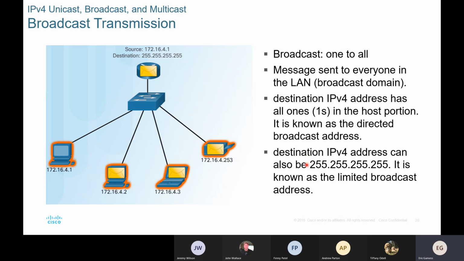When an IP packet has this as the destination IP address, it means it's a broadcast, which means it's a copy for everybody, except the sender. The sender doesn't need a copy, but all the other devices in the network need a copy. So the packet will go from this device to the switch. The switch will send a copy to the router, a copy to the desktop, a copy to the laptop, and a copy to the printer. This is a broadcast, okay?